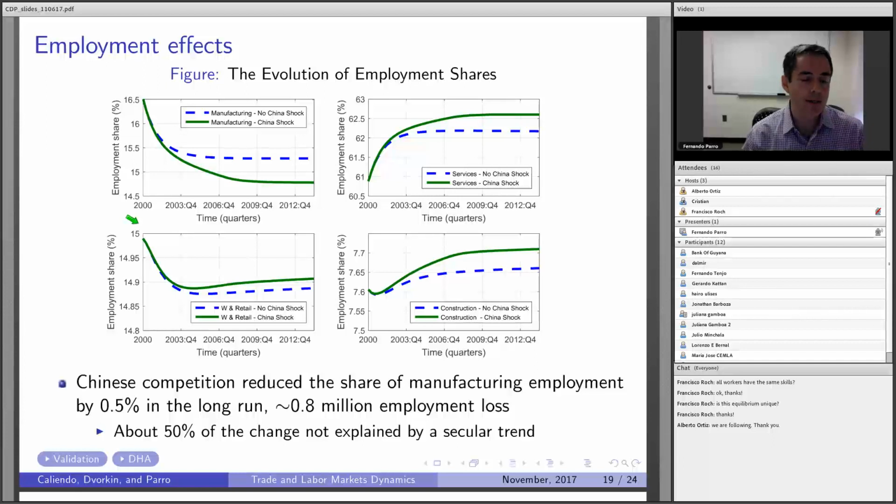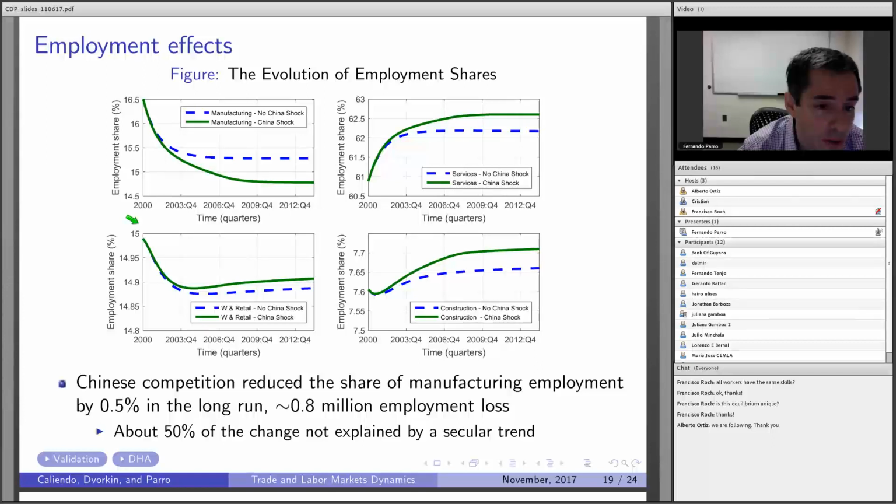So first, I'm going to show you the employment effects. These figures show the evolution of the employment shares for the manufacturing sector as an aggregate, for the services sector, for the construction sector, and for wholesale and retail.